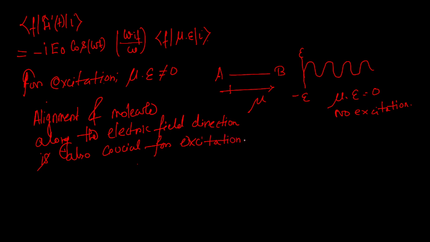Okay, now this is the first selection rule we get. So mu should not be perpendicular to the direction of the electric field.